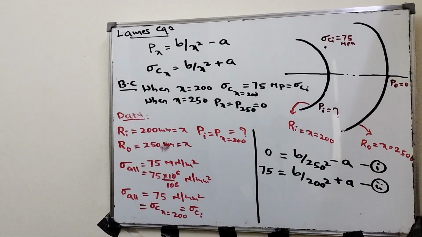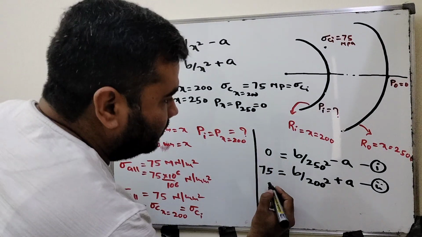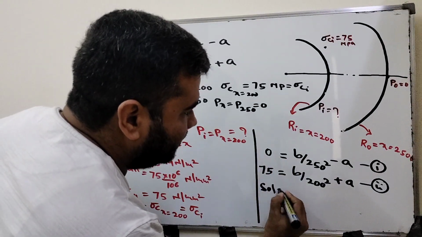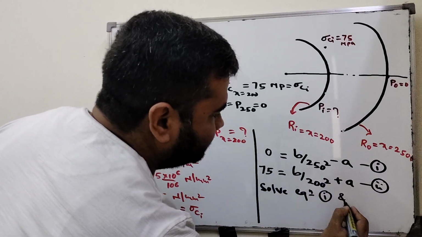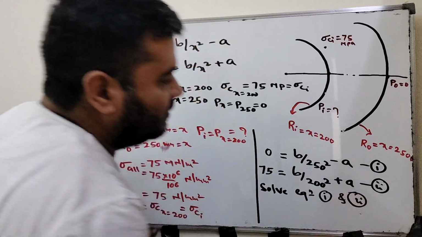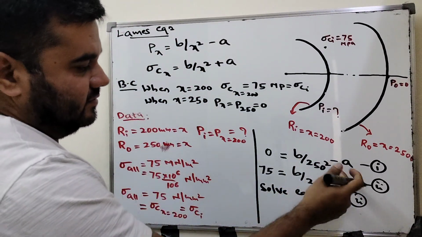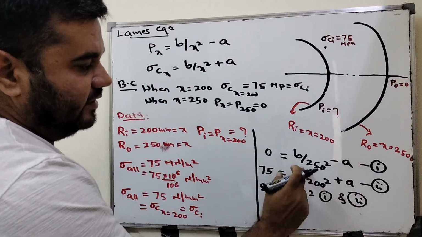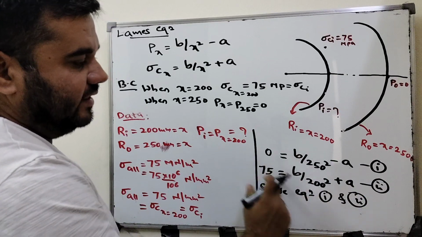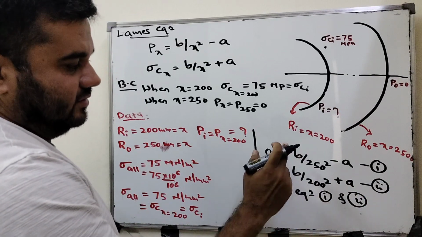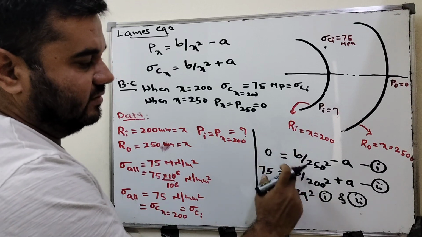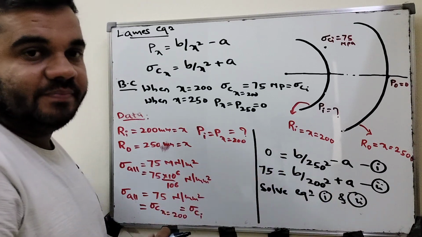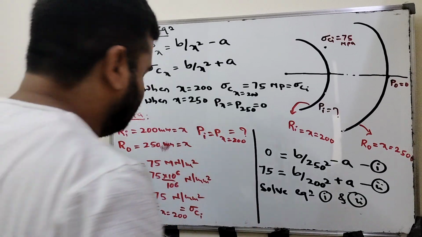You have to solve these two equations to find out the A and B values. You know how to solve. Just make it plus, these two will go, and you will get it in terms of B. After getting the value of B, substitute it in any one equation, either here or here, and you will get the A value. I will substitute directly here.